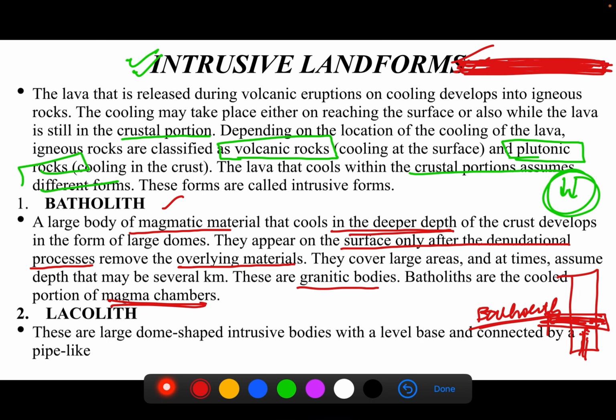The second thing that we have to understand is a laccolith. The names are very confusing, so just try to imagine and recognize them with the images and videos. So let's see a video of laccolith now.